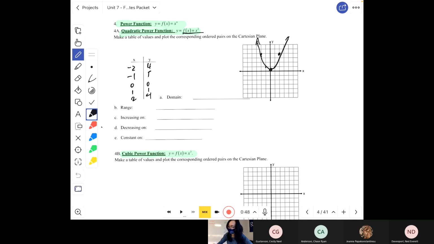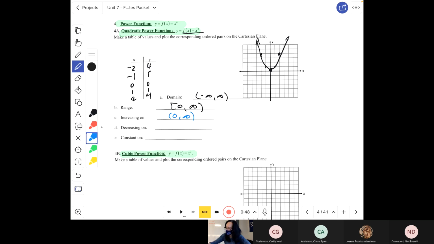Remind me what the domain of every quadratic function is. Okay, what about the range of this parent? And again, if we shifted it up or down, that might change the range. Where is this function increasing?